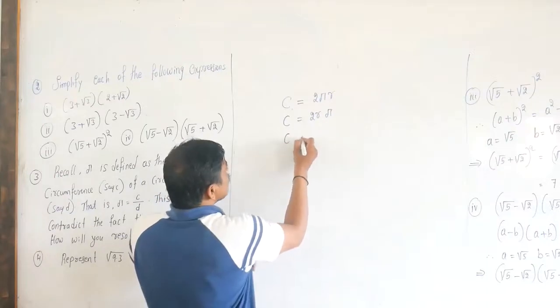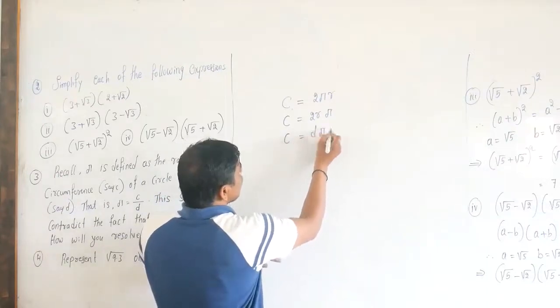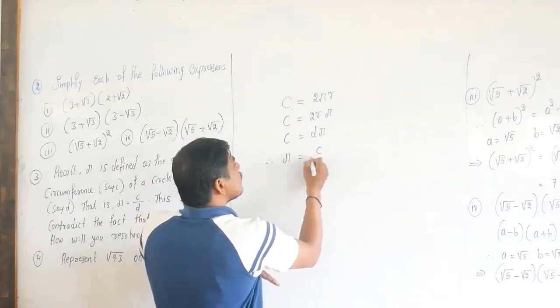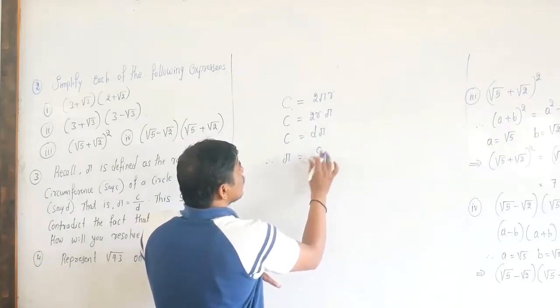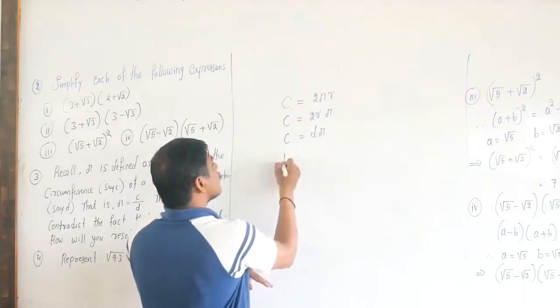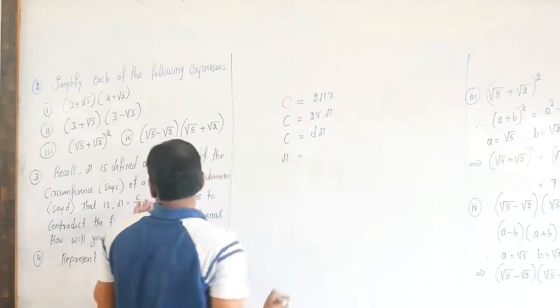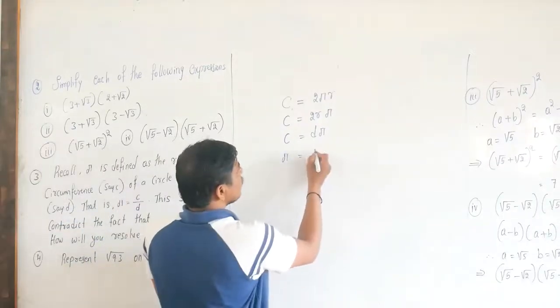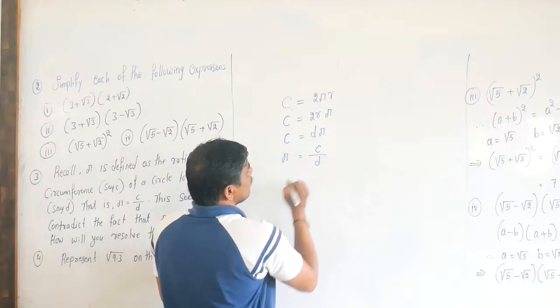That's why C is equal to d pi. Therefore, pi is equal to C divided by d, which is what is given in the problem.